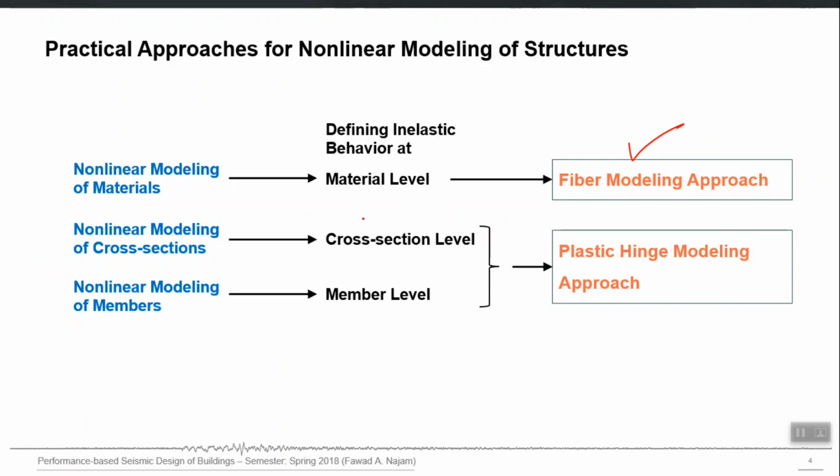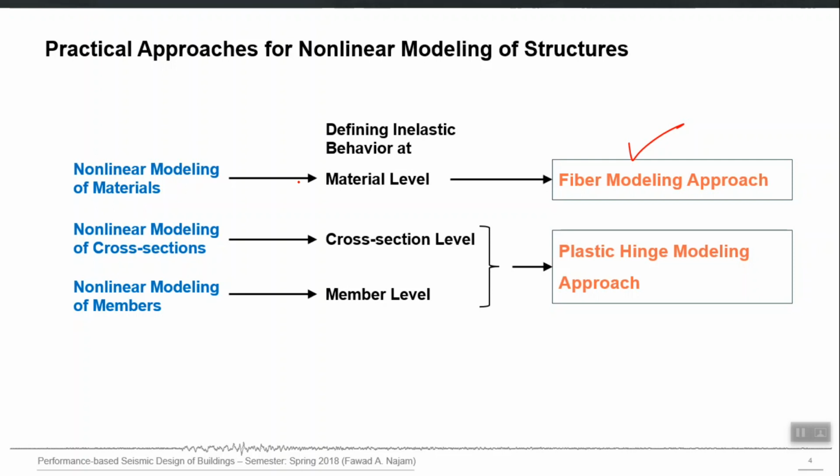We have discussed that this is an approach where we define the nonlinearity right at the material level. So we do not lump the nonlinearity at member level at the ends of a member, just like we did in beams. Here we make the material nonlinear using its nonlinear stress strain curves, and whatever is the effect of that nonlinearity, it automatically manifests at the cross section level and member level.